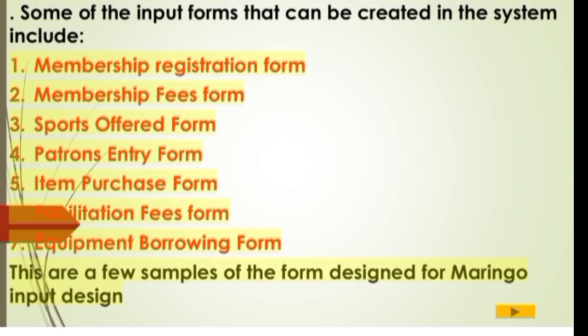Membership Registration Form 2. Membership Fees Form 3. Sports Offered Form 4. Patrons Entry Form 5. Item Purchase Form 6. Facilitation Fees Form 7. Equipment Borrowing Form. These are a few samples of the forms designed for Maringo Input Design.